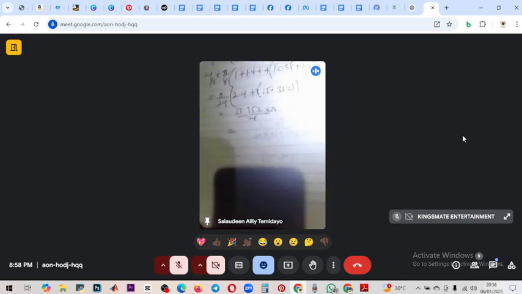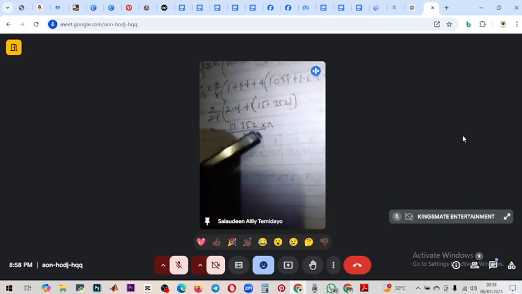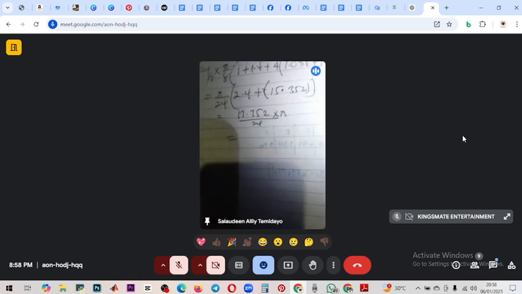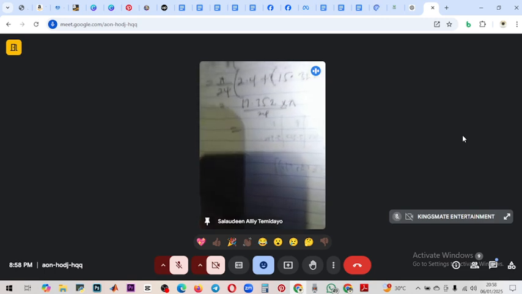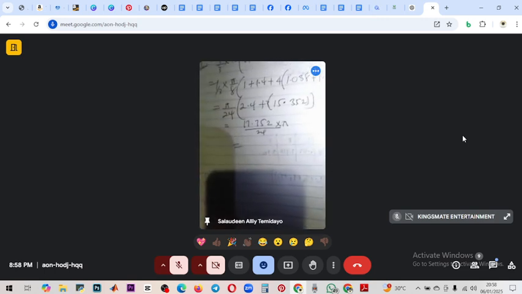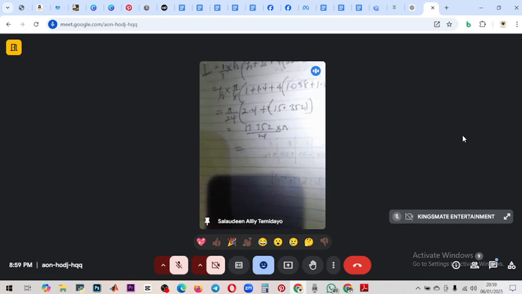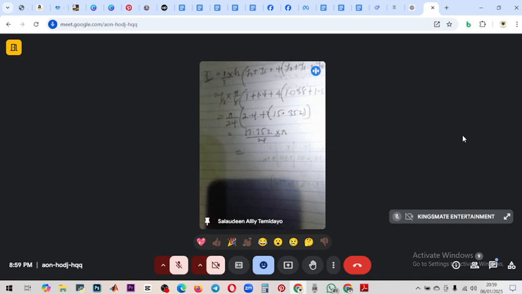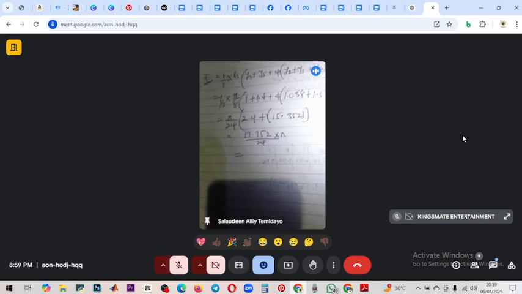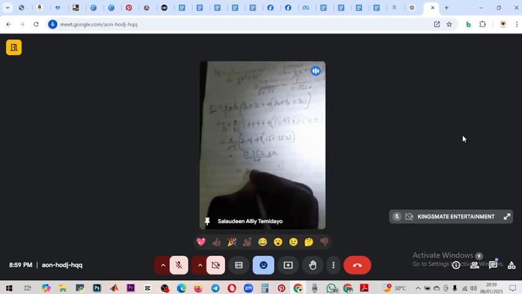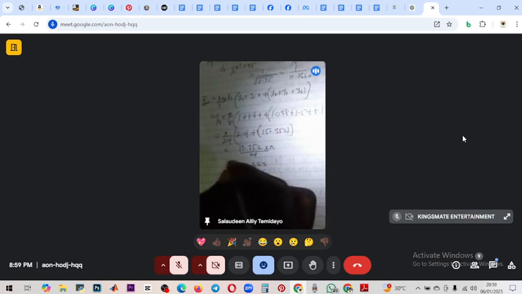Now you have to be very careful. Your pi this time around is not 180 degrees. It is the normal value of pi, which is 3.14. So this one now is divided by 24 times pi. That is giving us 2.323.